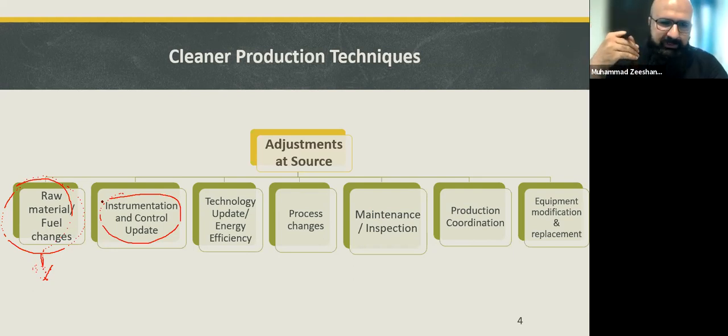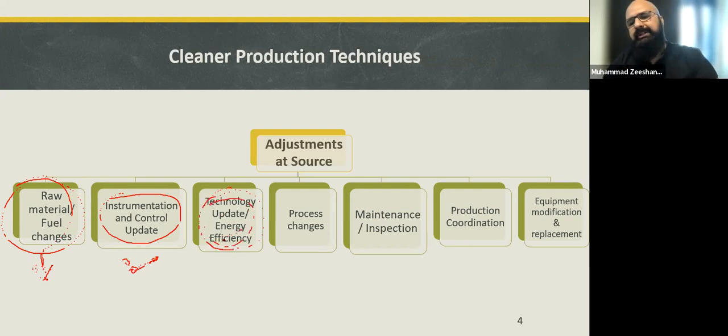Sometimes improving the instrumentation and control leads to better control of the process, and that saves a lot of energy. Ultimately, that reduces a lot of emissions or air pollutants per unit product. Similarly, we also achieve fewer pollutants by adapting modern technology. You must have observed in your homes that you replace older bulbs and tube lights with energy savers, because energy savers give you the same amount of light but consume less electricity.